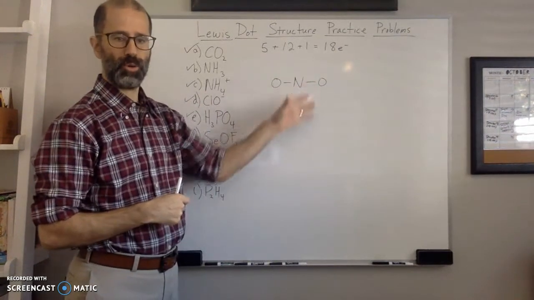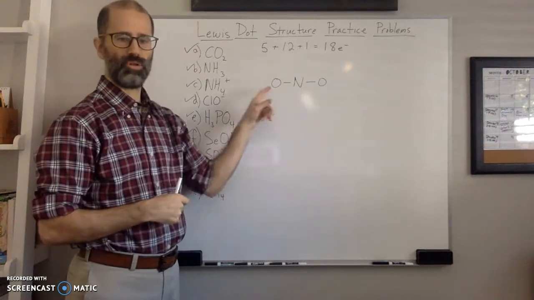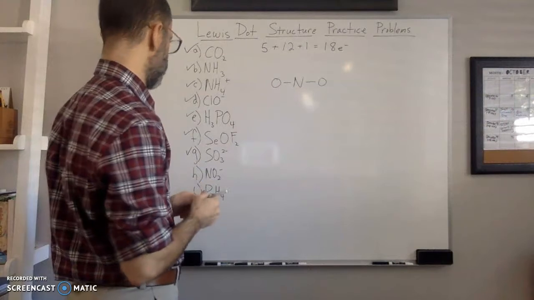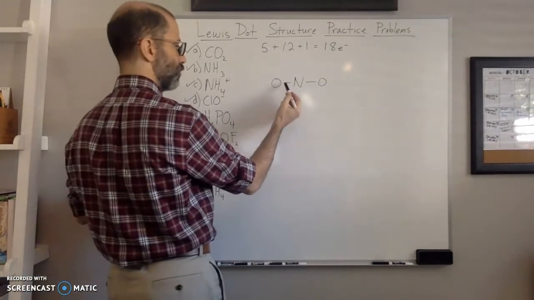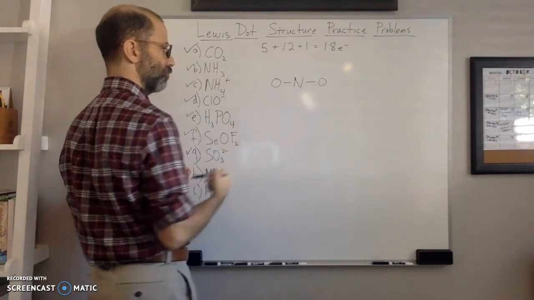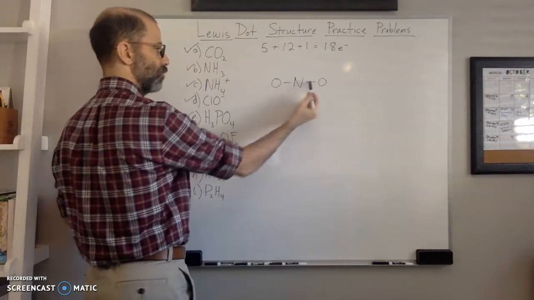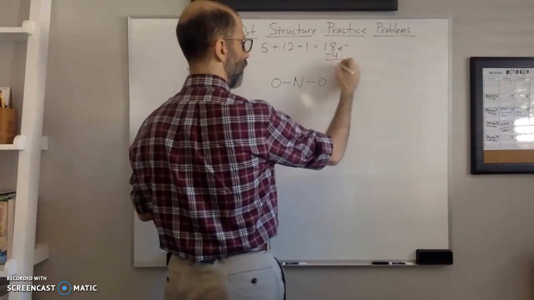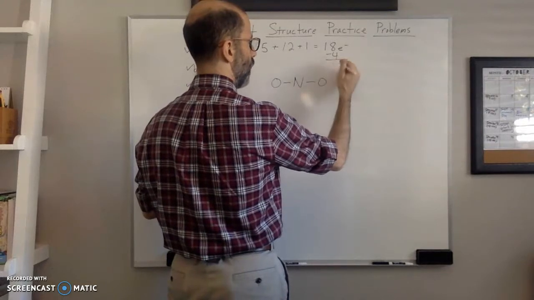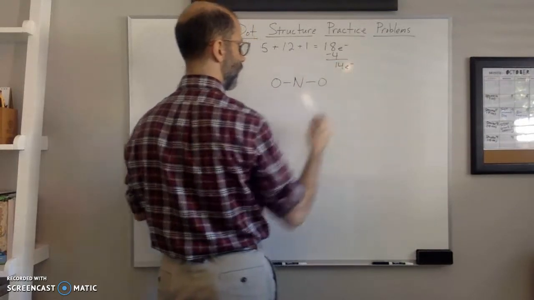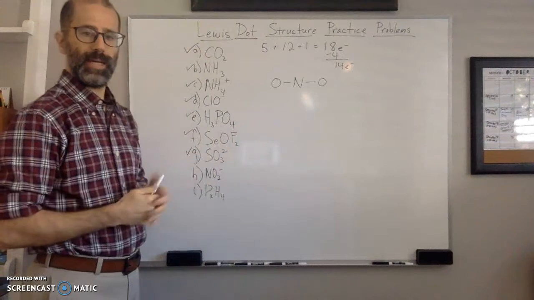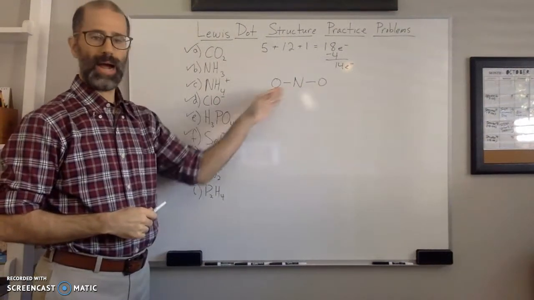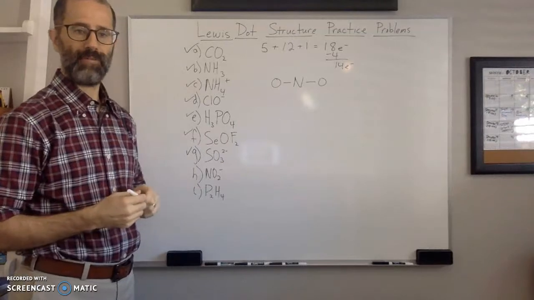It doesn't matter how you arrange the 2 oxygens, as long as those 2 oxygens are bonded to the nitrogen. Okay, so I used 2 bonds to create my skeletal structure, so that means I used 2 pairs of electrons. That's 4 electrons, so I have to subtract that out. Therefore, I have 14 more electrons. Next step, I need to add lone pairs to my outer atoms until they have an octet.